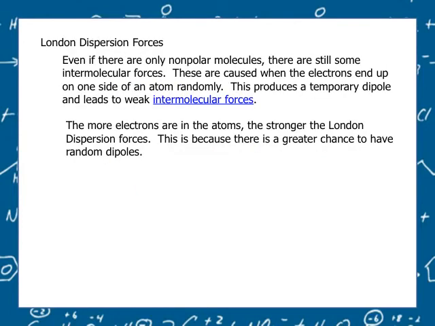And the last and the weakest of all the intermolecular forces are what is known as London dispersion forces. In very old textbooks, you may see these known as van der Waals forces. I just like to write a Dutch name, and this shows up on one of the lab papers that I use.